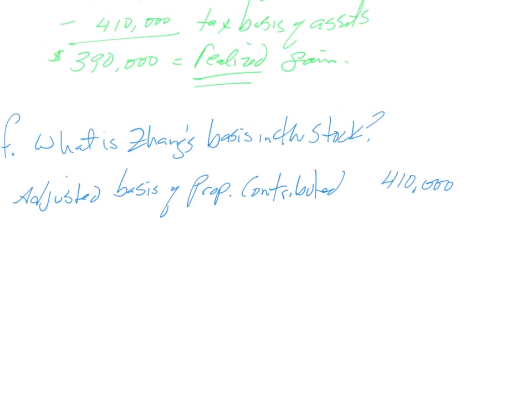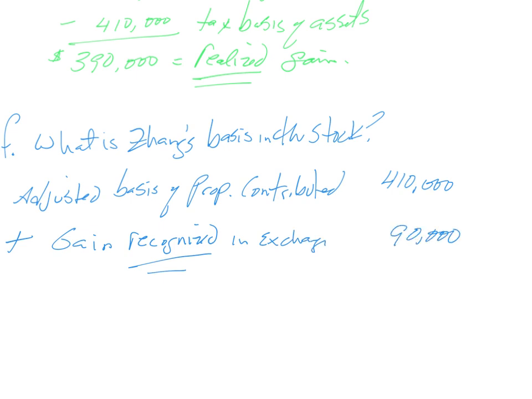Now, since we had a recognized gain, we have to add that recognized gain. But pay attention. Remember, that's only the recognized gain, not the realized gain, and that was $90,000. Okay, and then remember we get to subtract out that mortgage assumed by the corporation.